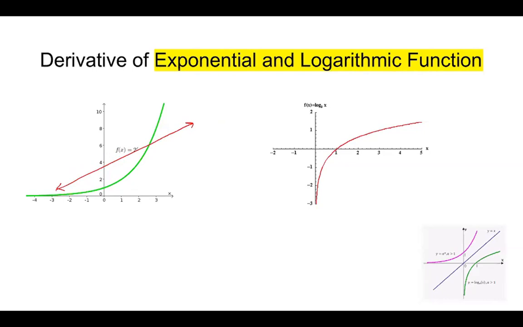The first problem: this function is a continuous curve, right? When we say continuous, there's no break. It goes on and on forever. That means the derivative must also be continuous. If it is continuous, then the line must not stop here. It has to continue like this. And now we have a problem.